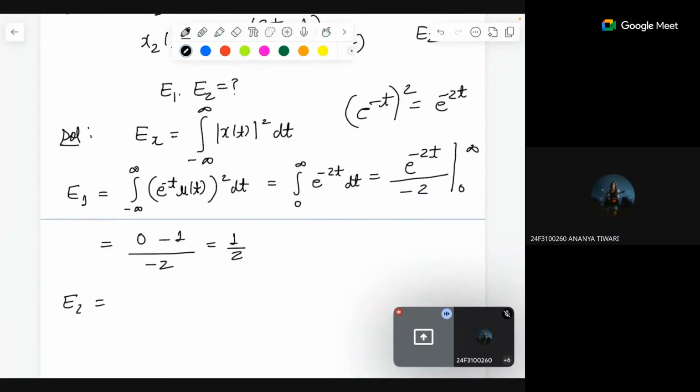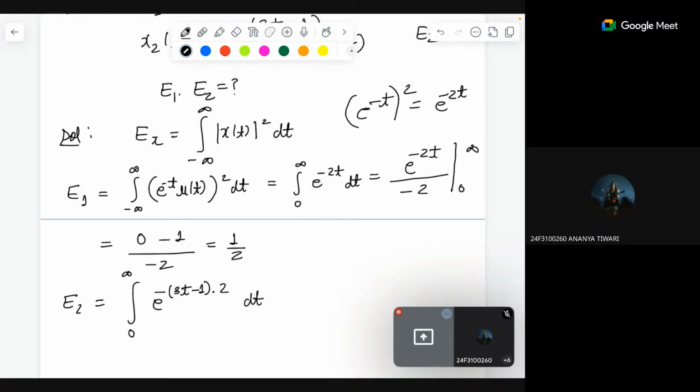Now let us calculate E2. So E2 is e raised to the power of minus 3t minus 1, squared. So power will be multiplied by 2. u(t) will make it from 0 to infinity dt. Is this expression for E2 fine?